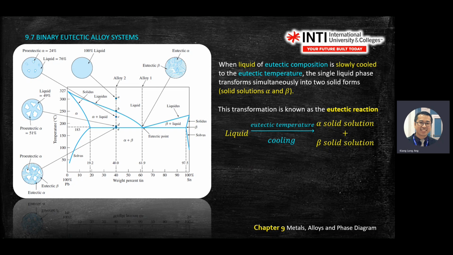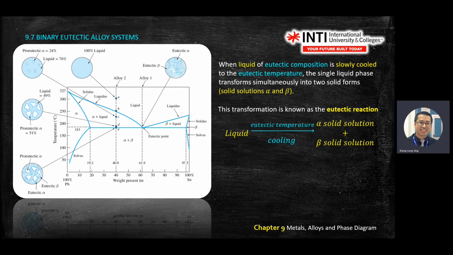The horizontal straight line will tell you the temperature. Then you look at the diagram. Normally, the left pocket and right pocket are the final solid solutions that you have. In this case, alpha and beta are on the eutectic line, or the tie line. Left is alpha, right is beta. So this chemical equation is a changing phase from liquid.